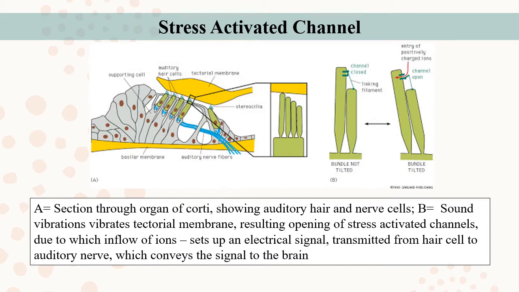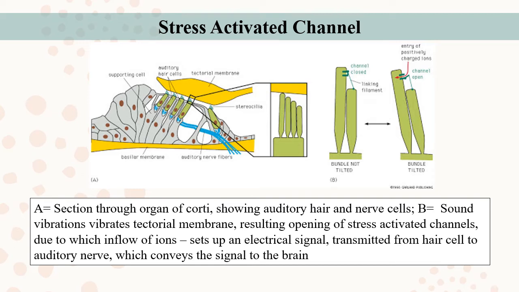Another type of channel is the stress activated channel. A stress activated channel is controlled by a mechanical force applied to the channel. For example, the auditory hair cells present in the internal ear. A section through the organ of Corti showing the auditory hair and nerve cells.